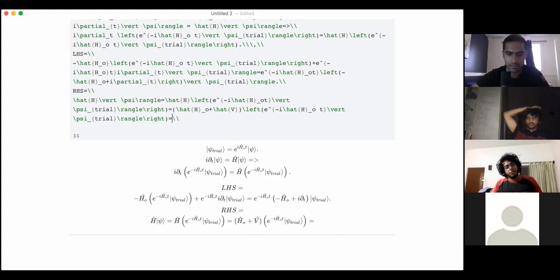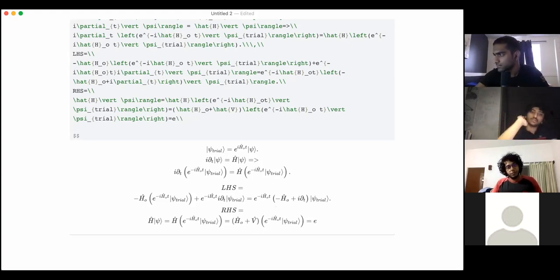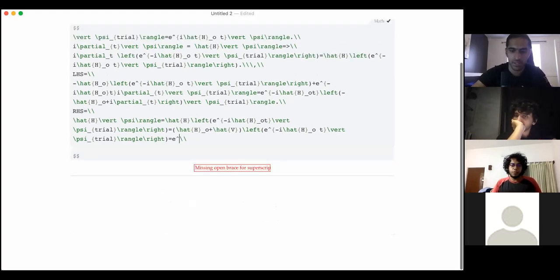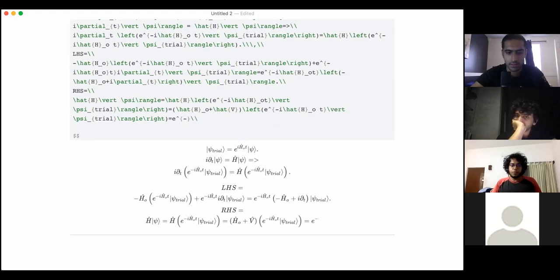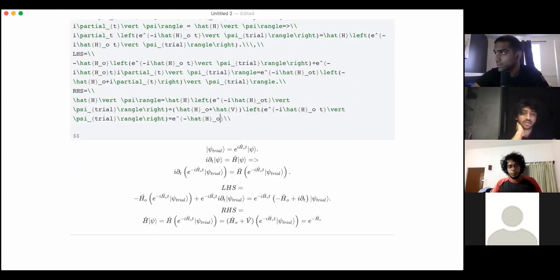There's going to be one term which we can already see, H naught too.